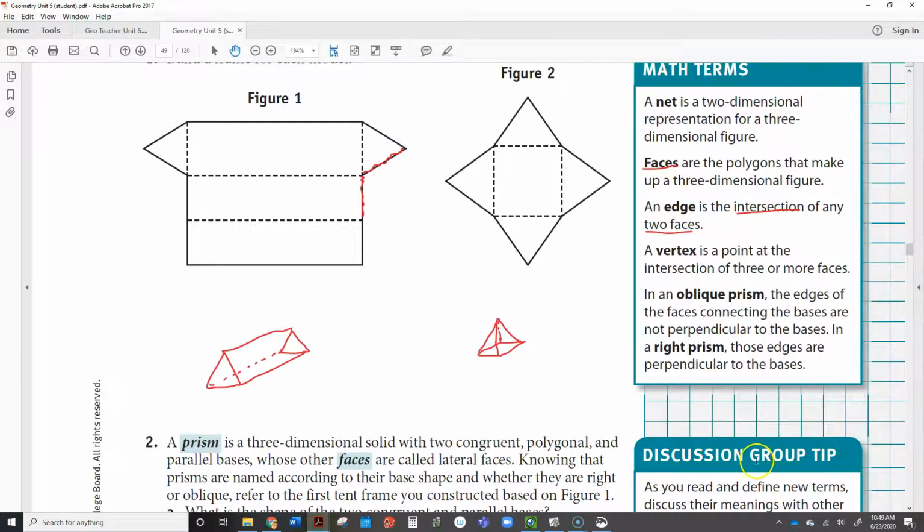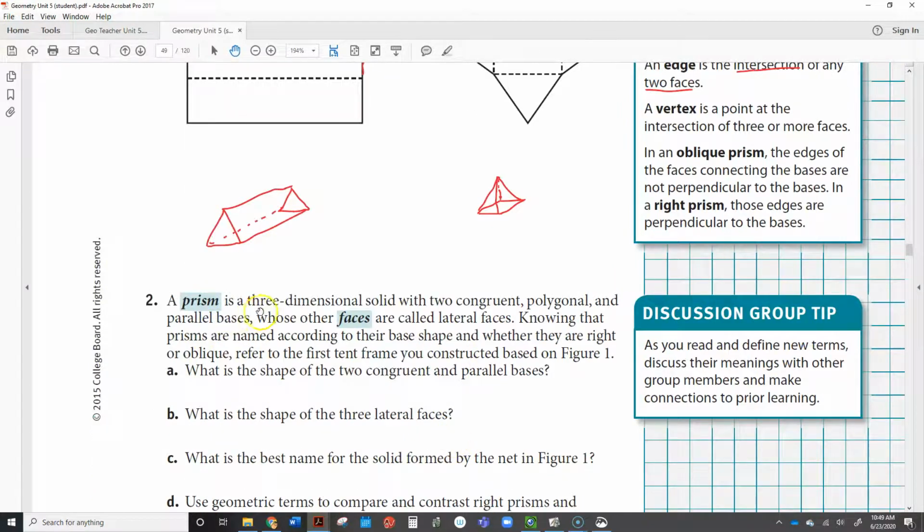All right, so the prism is a three-dimensional solid with two congruent, that's what makes it a prism, two congruent polygonal parallel bases. The two bases right here are always going to be the same shape. Sometimes they're rectangles, sometimes they're not.